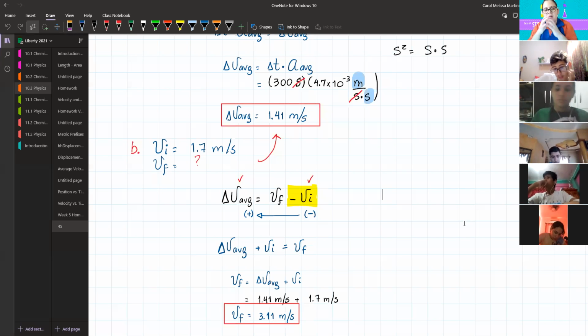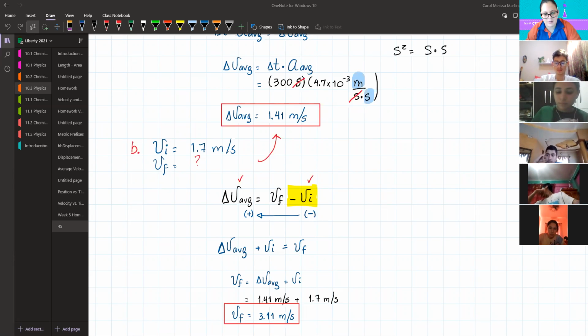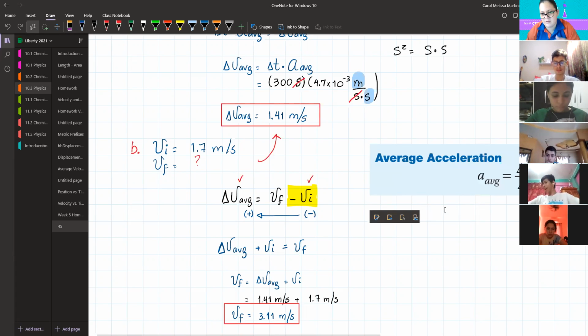Just 3.11. So as you can see, even though this is not part of the main equation, I took it from the main equation for average velocity. Remember this. That's why I always write the main equation, because from there you can get a lot of things.